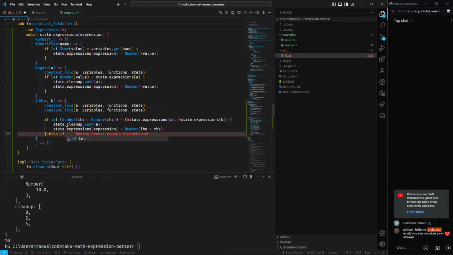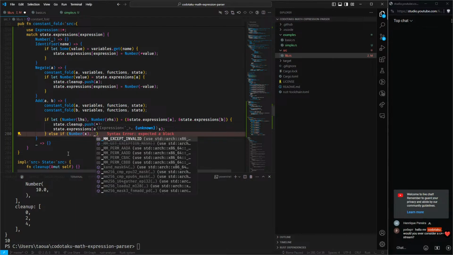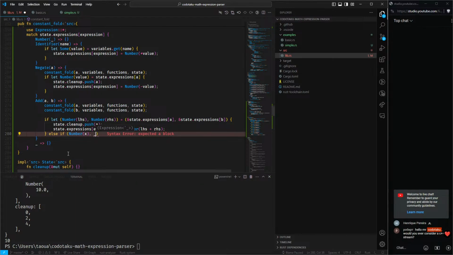So of course I'm going to say else if, because I only want to check this if the first one failed, because if this is successful, then there's no point in checking if there's one number, because there are already two numbers. So if there is x and hold on, what am I doing, and I don't care about the second one, right?